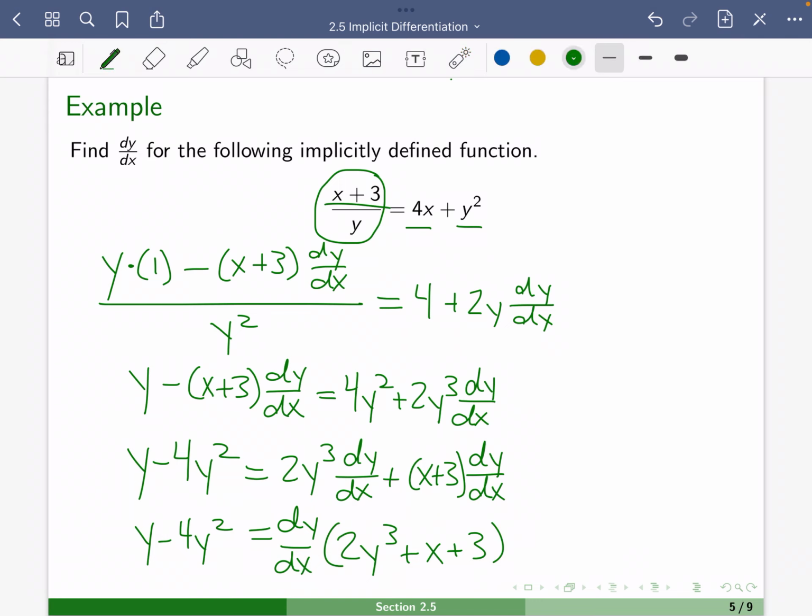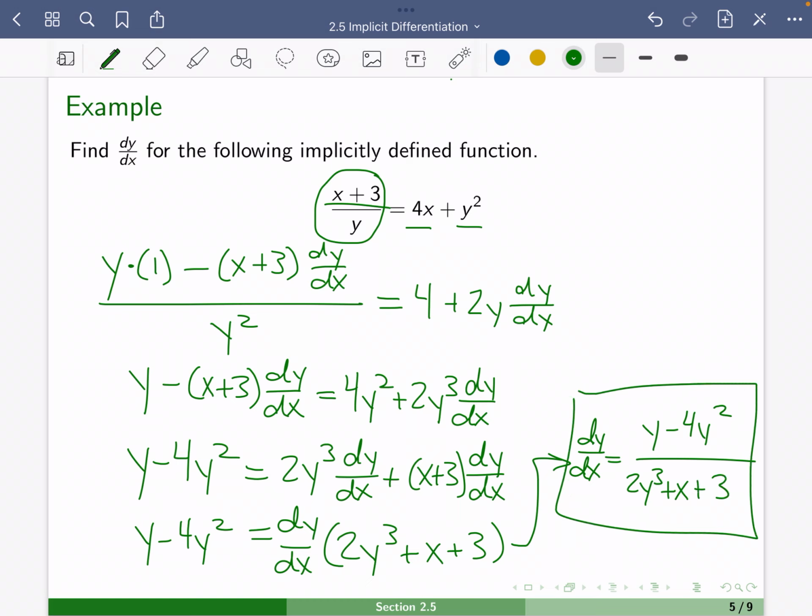So dy/dx is equal to (y minus 4y squared) over (2y cubed plus x plus 3). That is our derivative, which we found implicitly. All right, let's look at one other example, and then we will close this video.